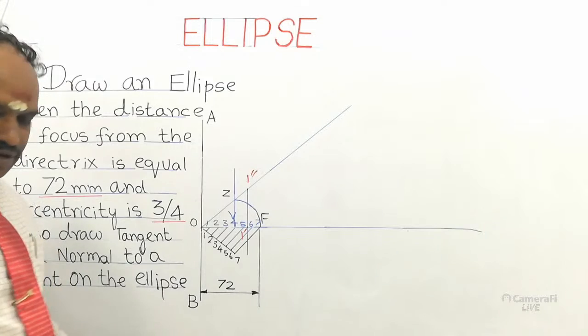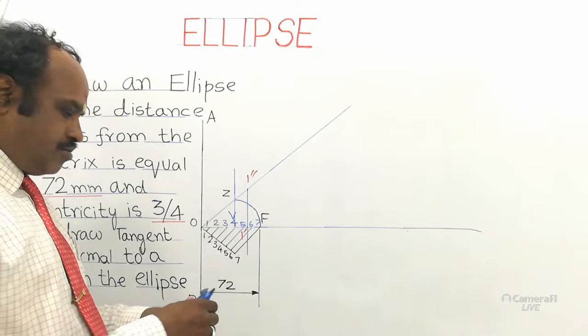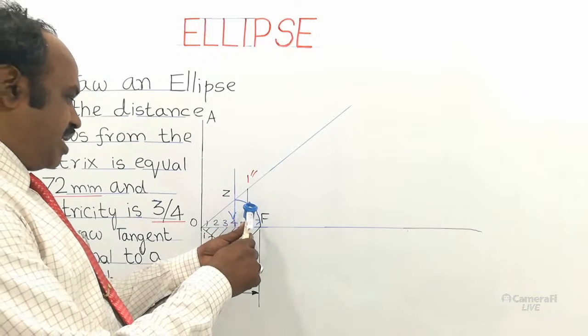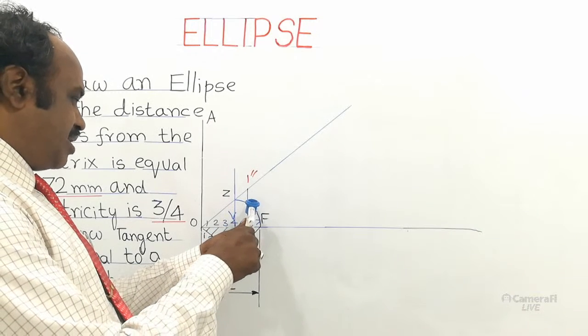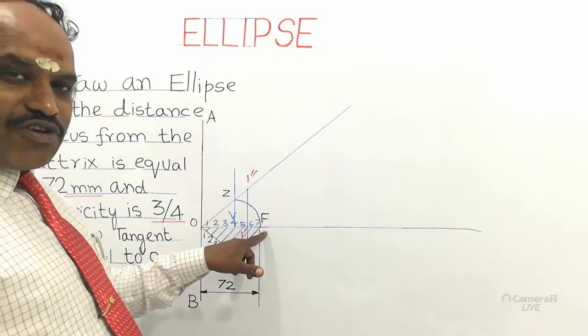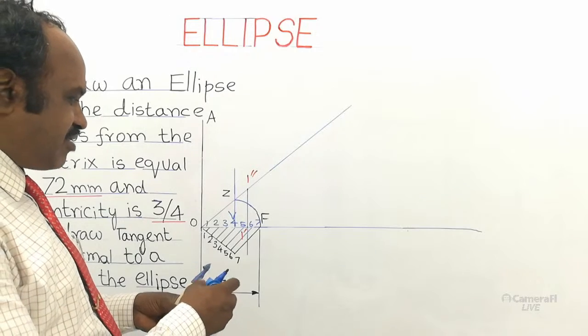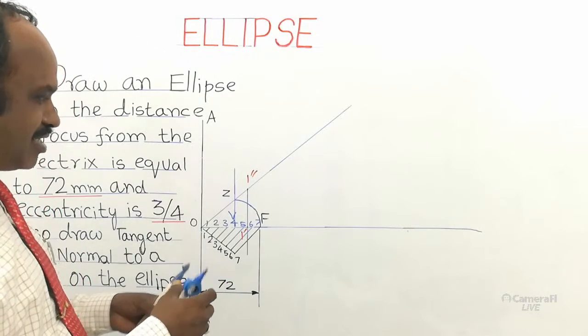Understand? Now take your compass, take the distance 1 dash 1 double dash in your compass. Keeping F as center, focus, carry an arc on the first vertical line. That is what we have taken, 1 dash 1 double dash.